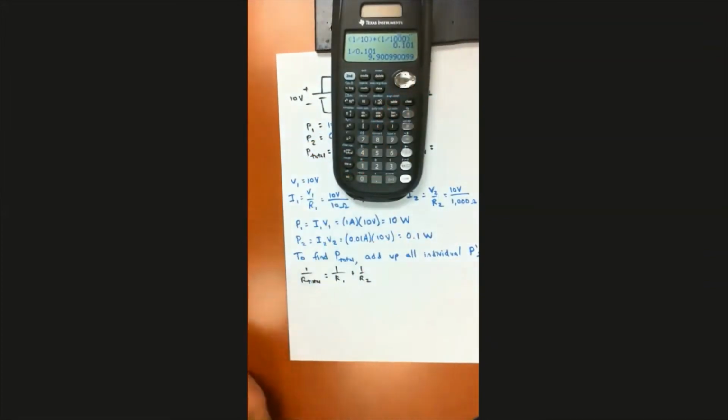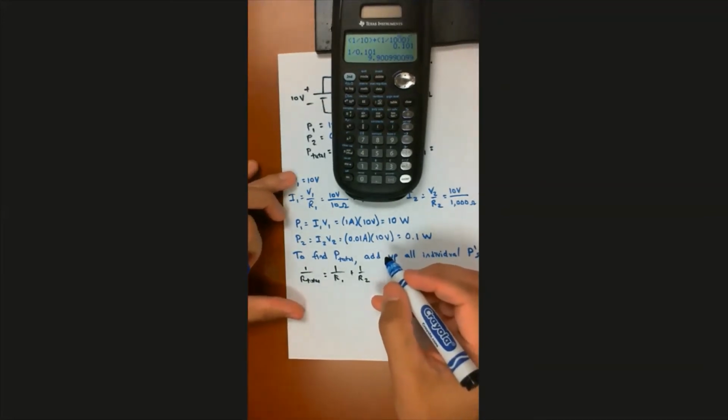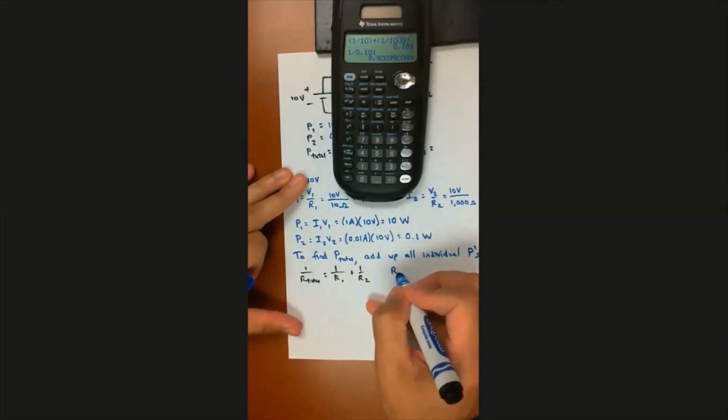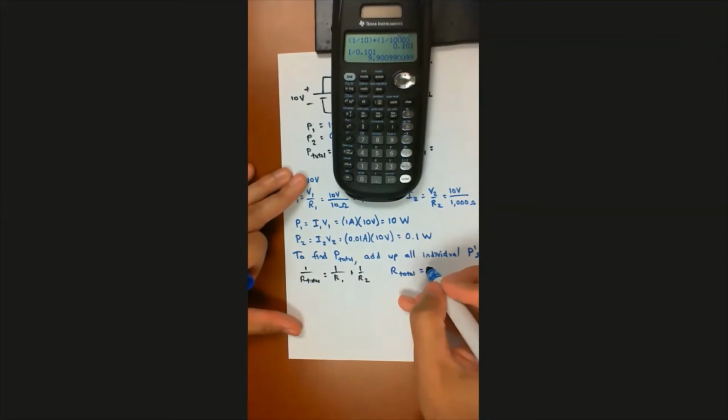You know what, I'm going to keep a couple more sig figs because I don't want to get too much rounding error here. So I didn't show all these steps here, but hopefully at this point you're comfortable with that. R total is 9.90099.